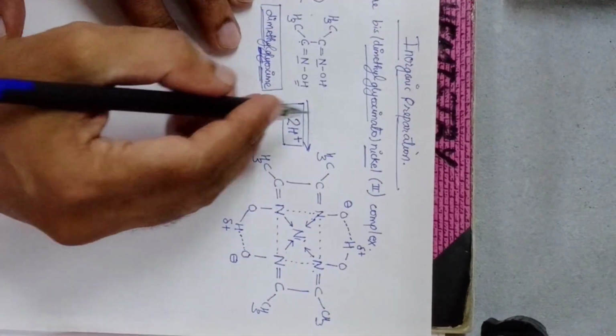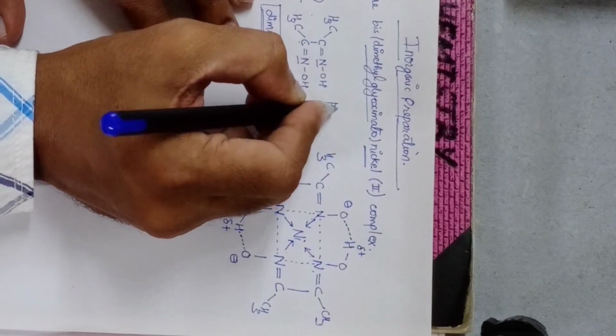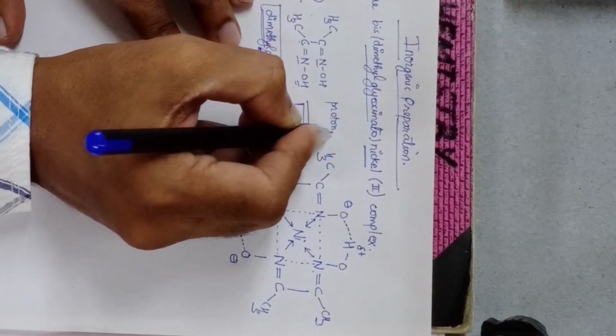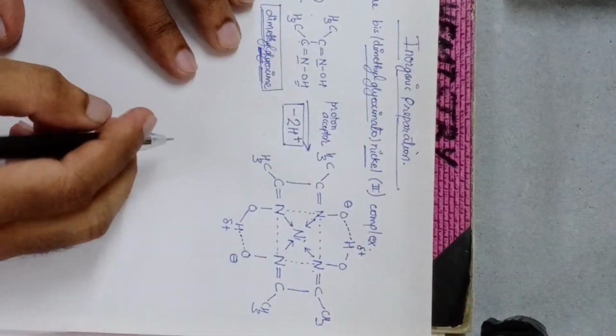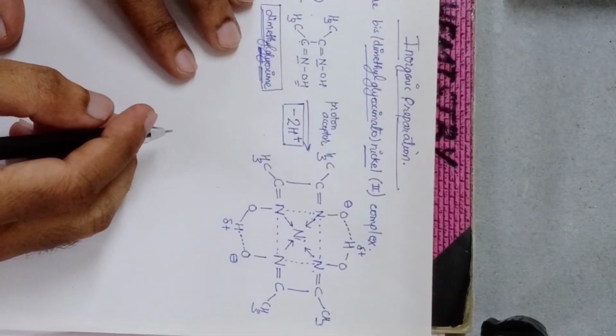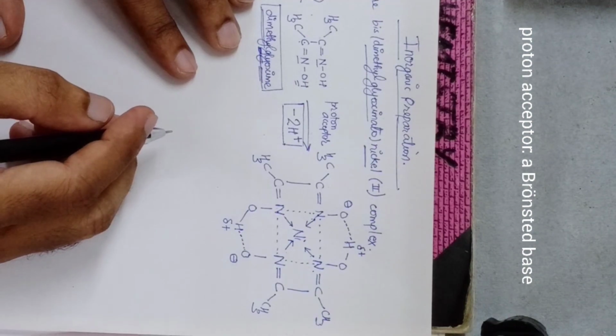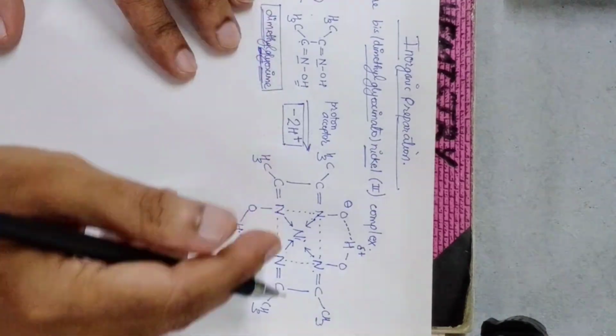So we want someone who is a proton acceptor. We know what proton acceptors are. Proton acceptors are Bronsted bases. So any Bronsted base can make this reaction possible.